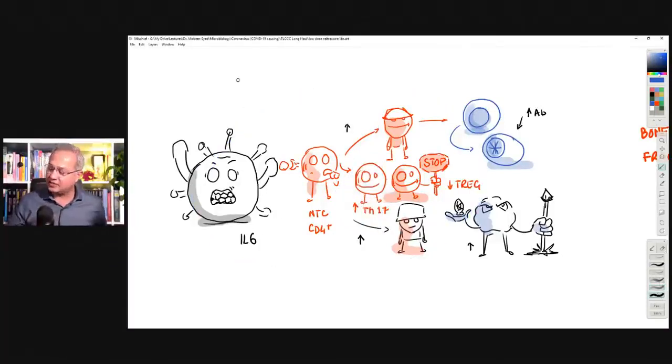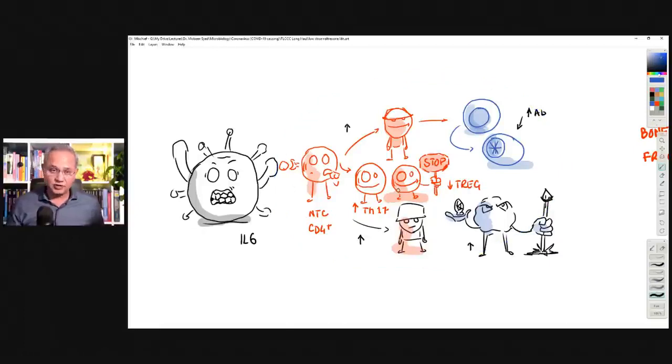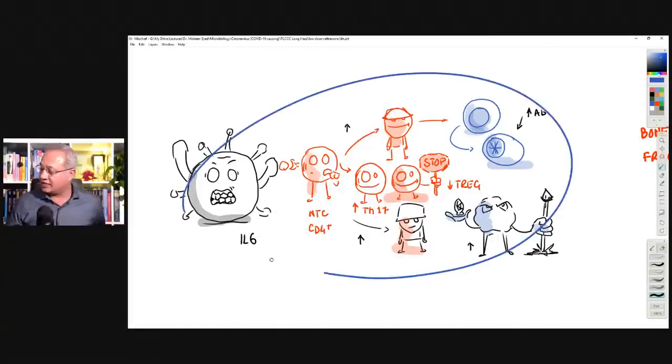This cell got activated, it produced interleukin 6, this system became activated. In that activation, if interleukin 6 was produced abnormally more, or there is a genetic predisposition, or a predisposition, let's say because of diabetes or lack of correct vitamin D levels, this guy would become more. When the T helper 17 is more, then this system is now active.